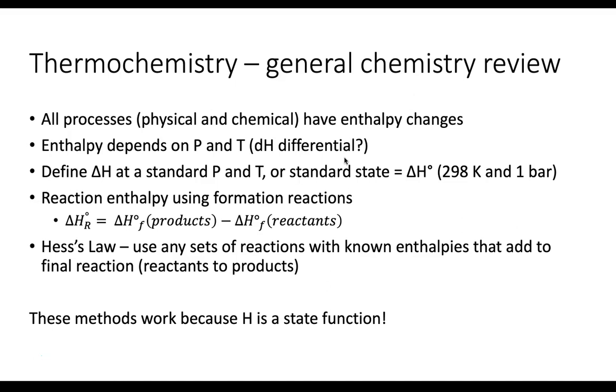As we know, enthalpy was developed for pressure and temperature as the natural variables. If we think back to how we write the differential for dH, it's always in terms of dP and dT. So if we're looking at a particular reaction enthalpy, a chemical process enthalpy change, the delta H at a standard state, we typically want to define it.